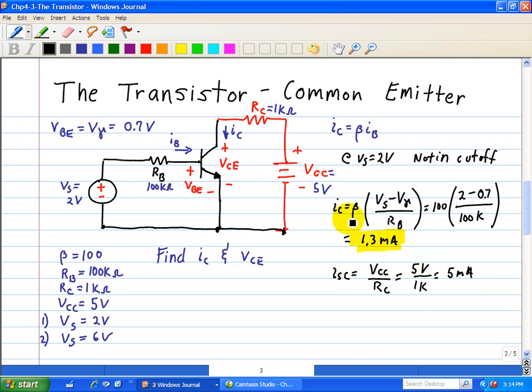Now we can use the following equation where VCE is equal to VCC minus the voltage drop across the collector resistor RC. So it's IC, using Ohm's law, times RC, which is equal to 5 minus IC, which we found to be 1.3 milliamps, multiplied by RC, which is 1 kilo ohm.